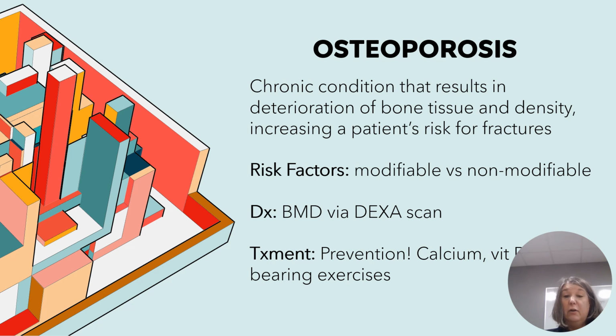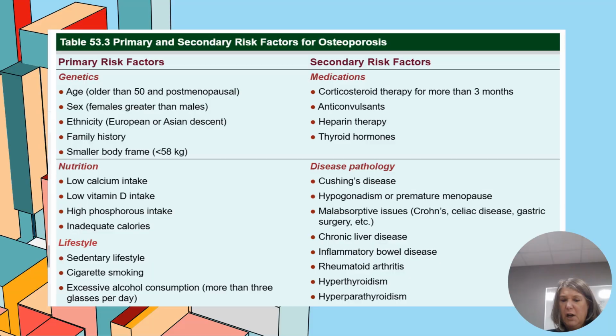Also, excessive alcohol intake, more than 3 drinks a day, and smoking can affect osteoporosis, so we need to do education related to that. There are meds, but again, first line prevention is calcium and vitamin D. That's what we're going to recommend. And then there are meds that can be taken. I don't know if you've seen the commercials, but there are shots and things that help with all of that.